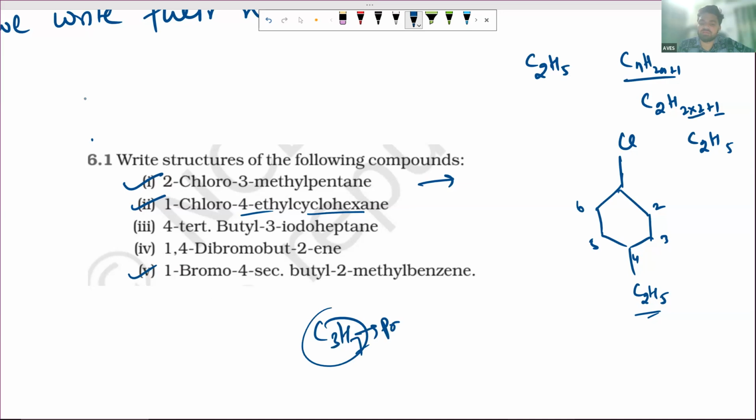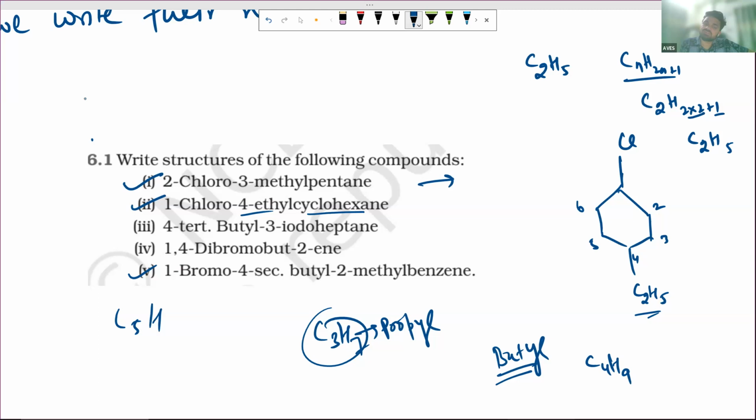C3H7. This is propyl. Butyl, there are 4 carbons. C4H how much? Double this one and add one: 4 twos are 8, and 1, 9. C4H9.